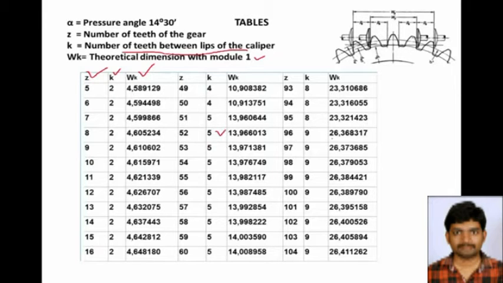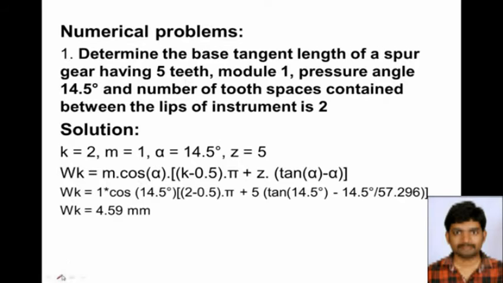In this problem we have to determine the base tangent length of a spur gear having 5 teeth, module 1 and pressure angle 14.5 degrees, and the number of tooth spaces contained between the lips of the instrument is 2.